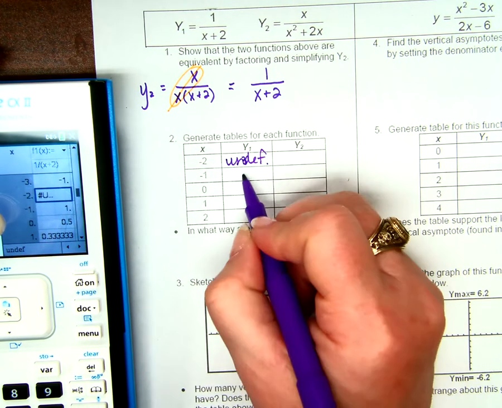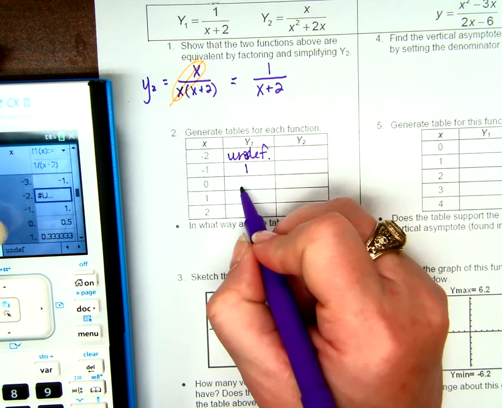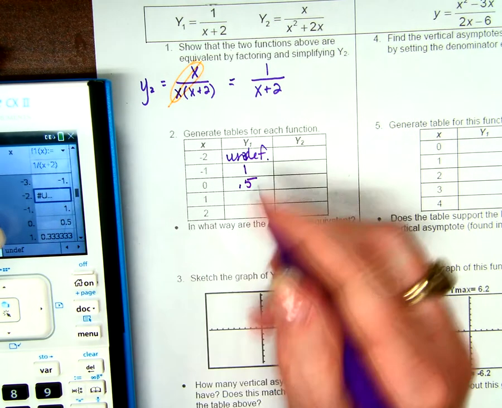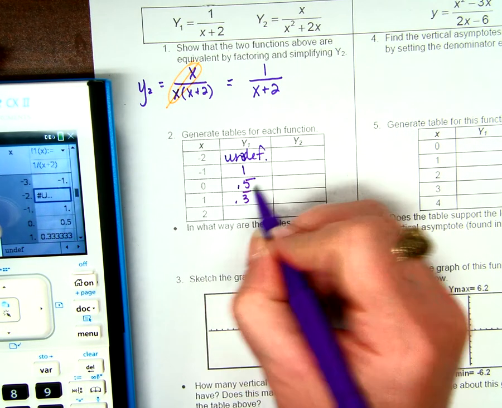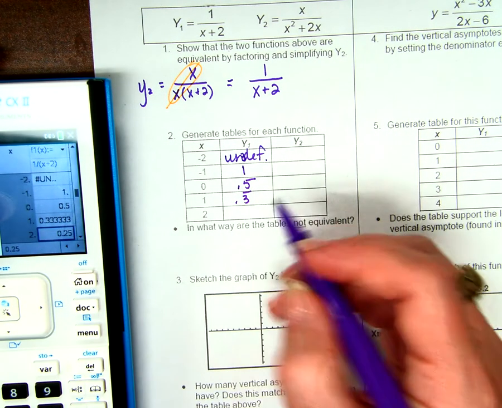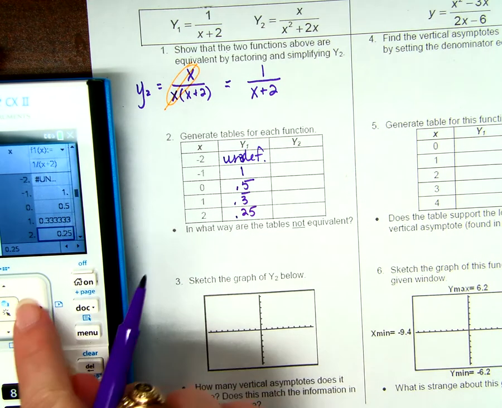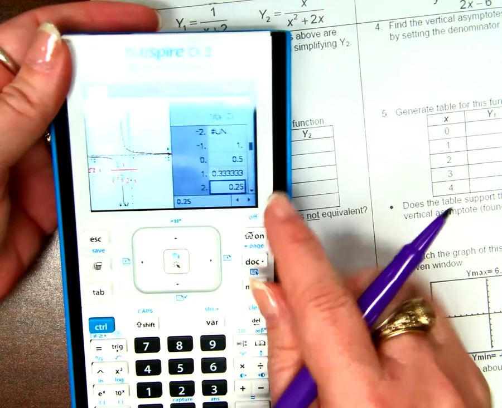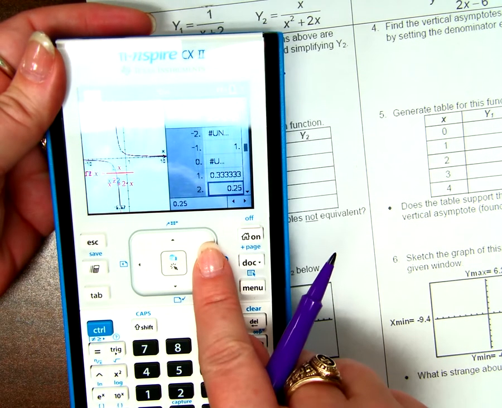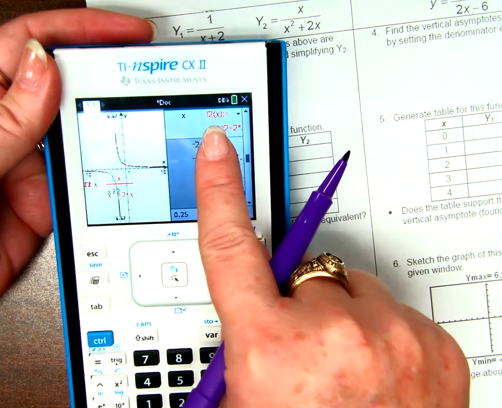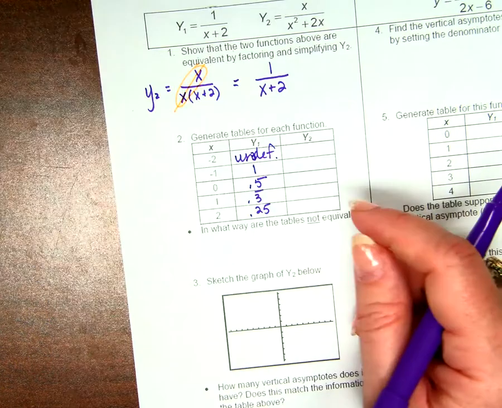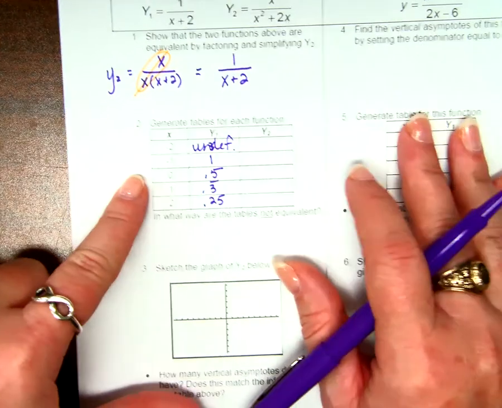Negative 1 is 1. 0 is 0.5. 1 is 0.3 repeating. And 2 is 0.25. Correct? If I'm in the table right now and I use my right arrow, it'll take me to F2, or in our case, y2. So would somebody read me the column for y2?